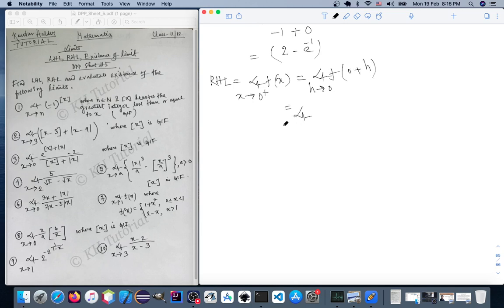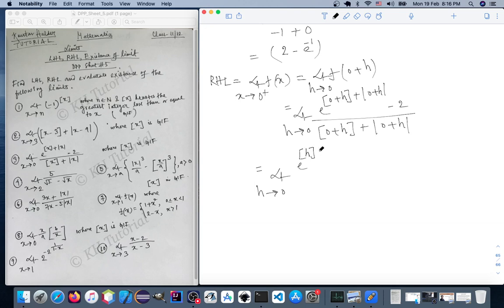This equals the limit of (e to the power [h] + h - 2) divided by ([h] + h).